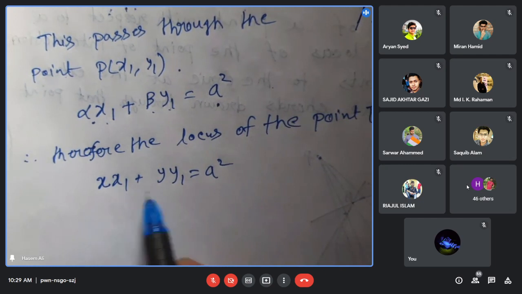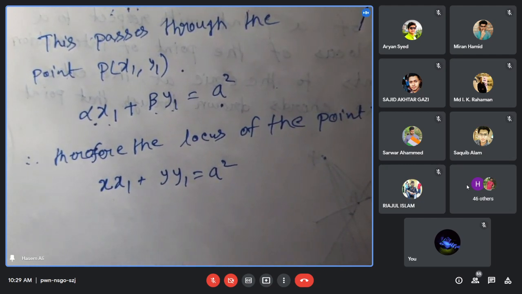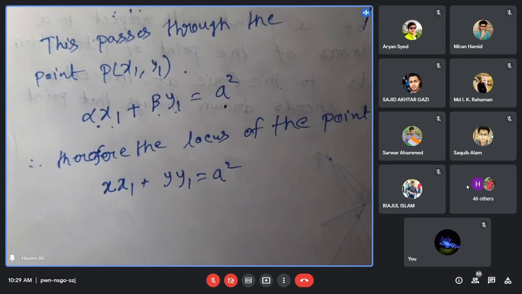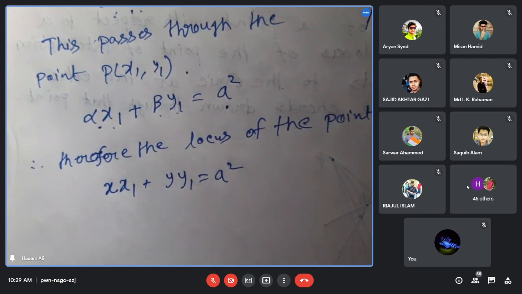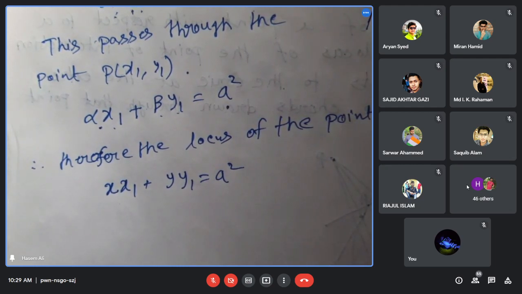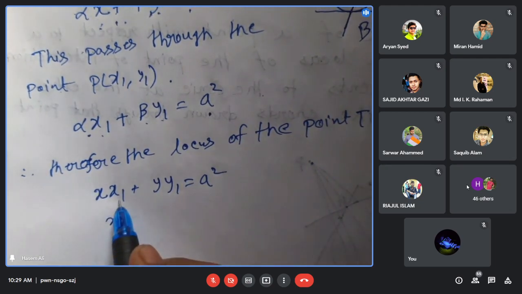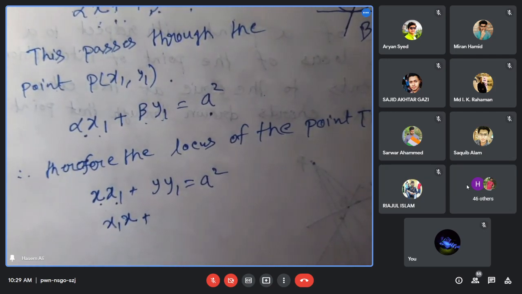Can you tell me what kind of equation this is? x1 x plus y1 y equals a square. Actually here x1 is constant and x is variable.